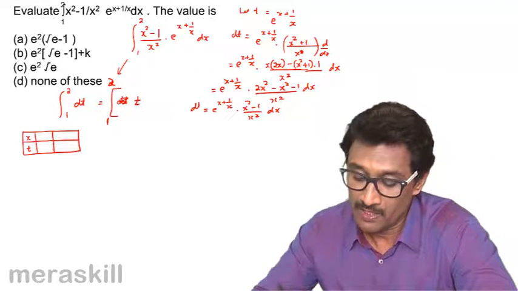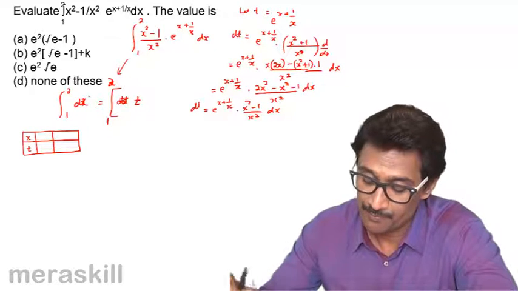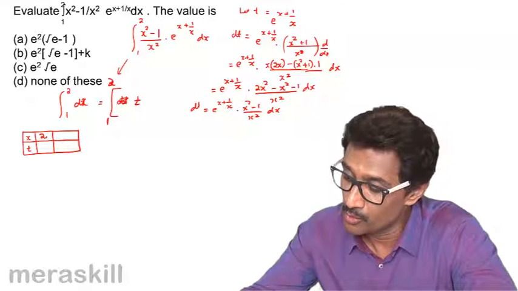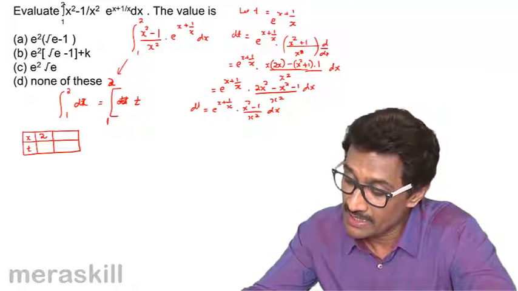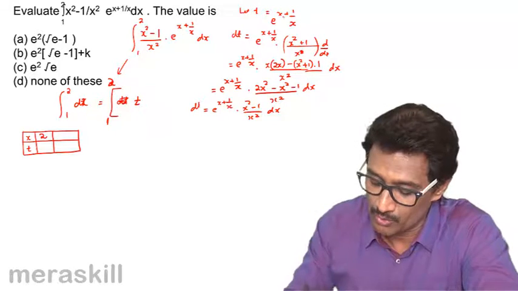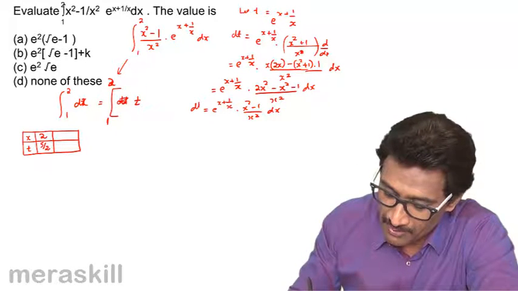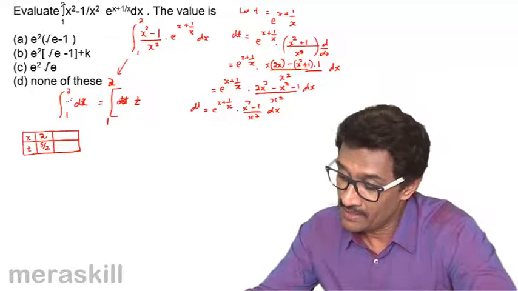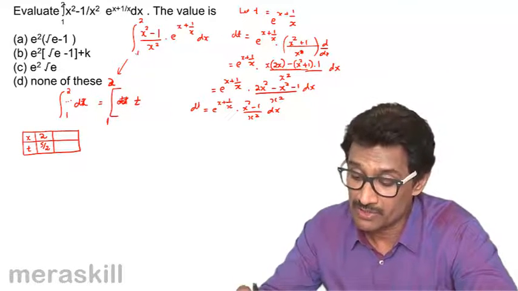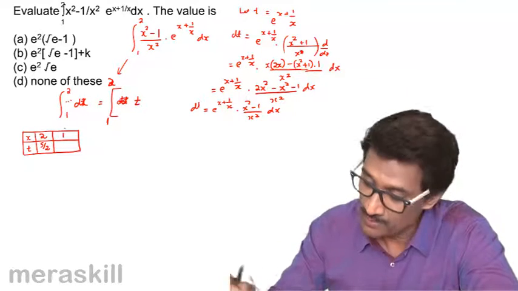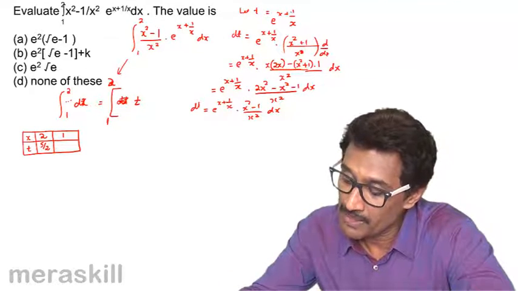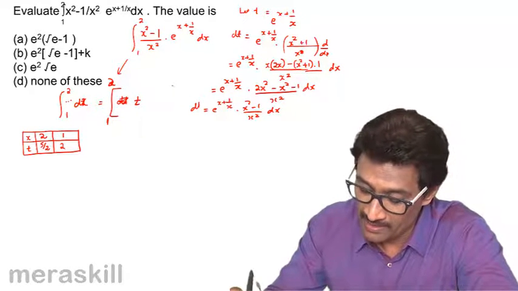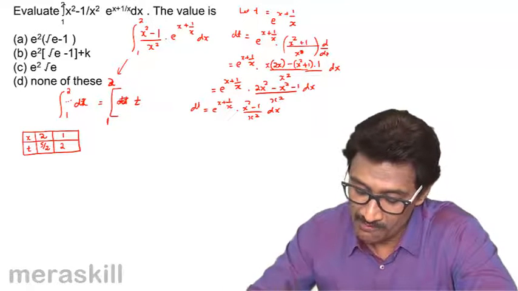For example, when x is 2, t is going to be e raised to 2 plus 1 by 2, that is 5 by 2. And when x is 1, in the original expression we are given the domain as 1, so it's going to be 1 plus 1 by 1, that is 1 plus 1, 2.